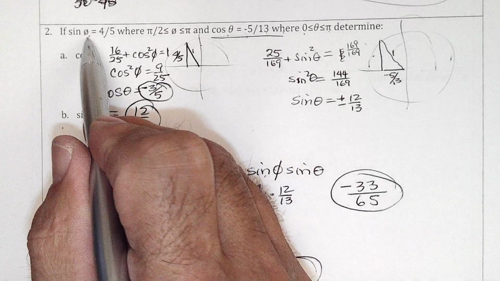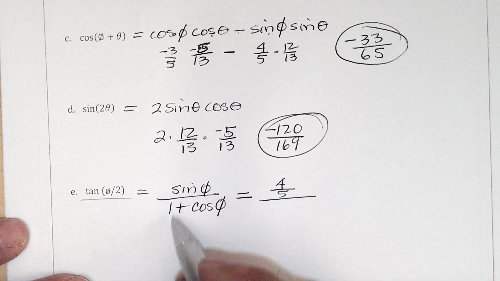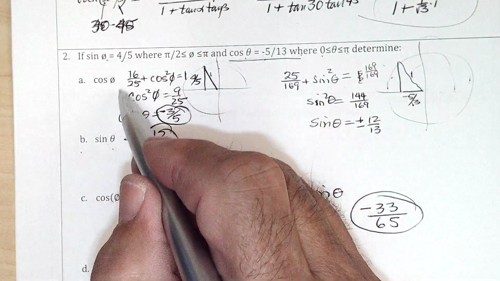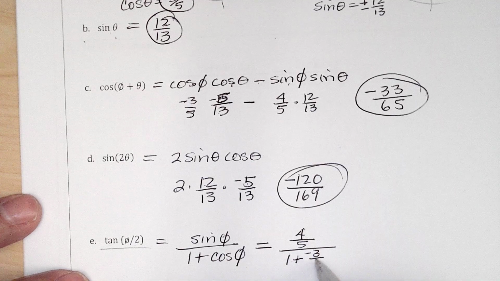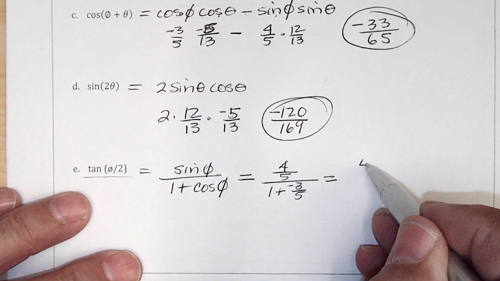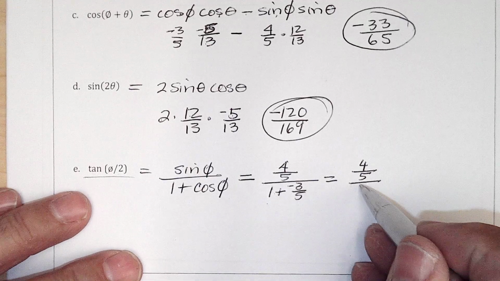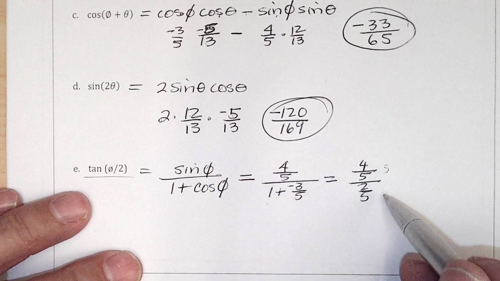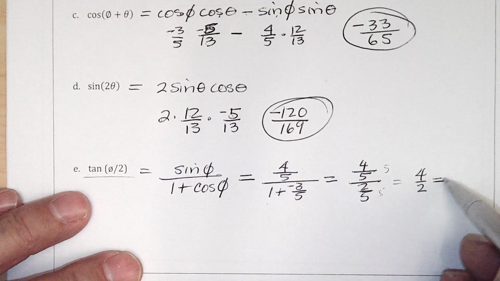And the sine of phi is 4/5 over 1 plus cosine of phi, which was negative 3/5. So 4 over 5. 5/5 minus 3/5 is 2/5. Multiply numerator and denominator by 5, and I get 4 over 2, which is 2.